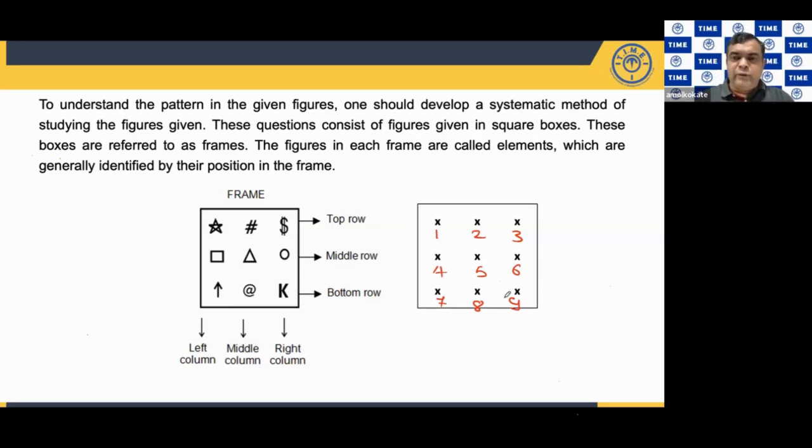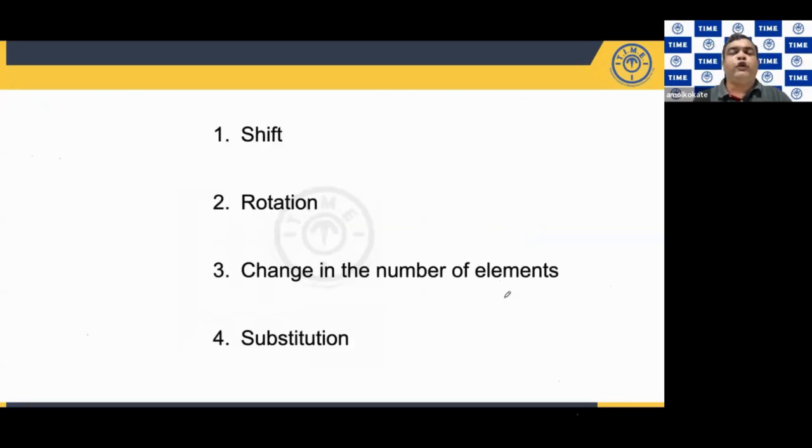So this is the way numbering can be done. So in series question, there are majorly 4 aspects: shift, rotation, change in number of element, substitution. Out of which rotation we already seen. We'll see the other aspects.